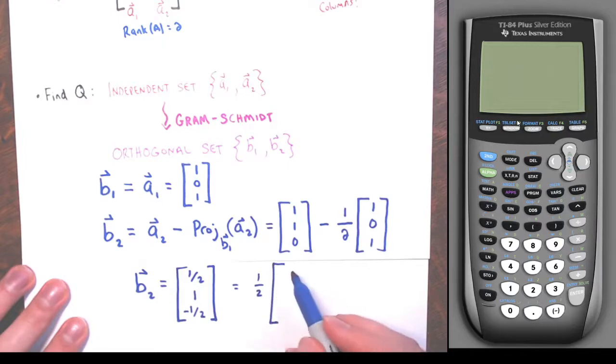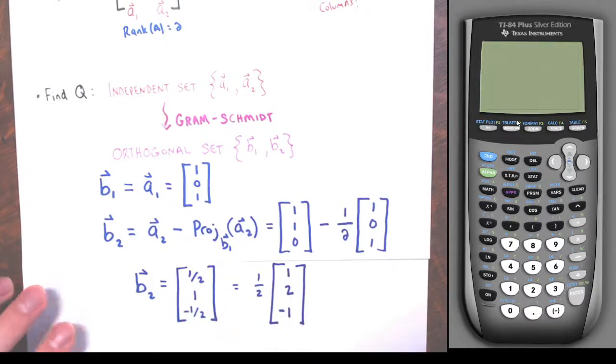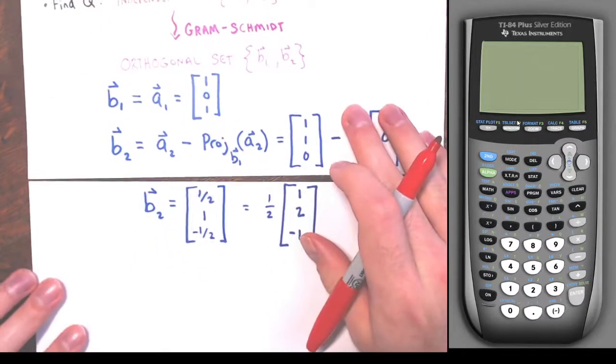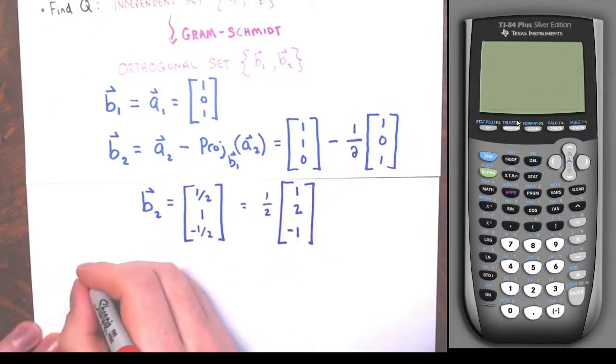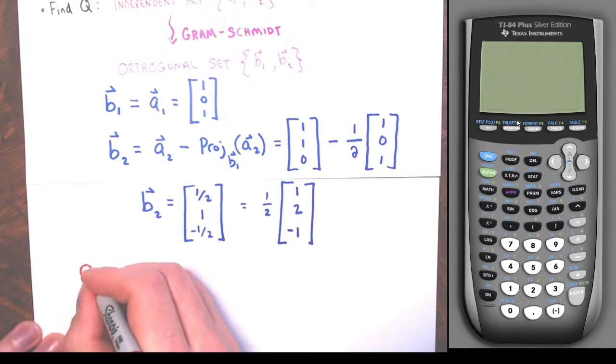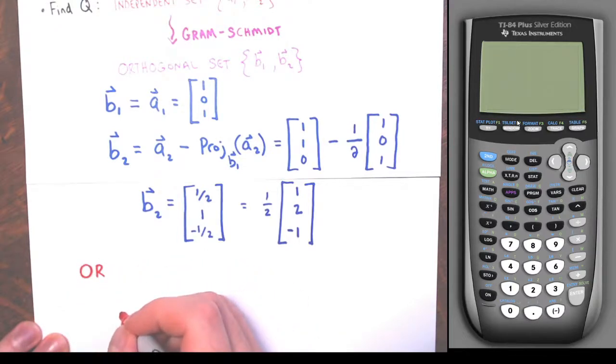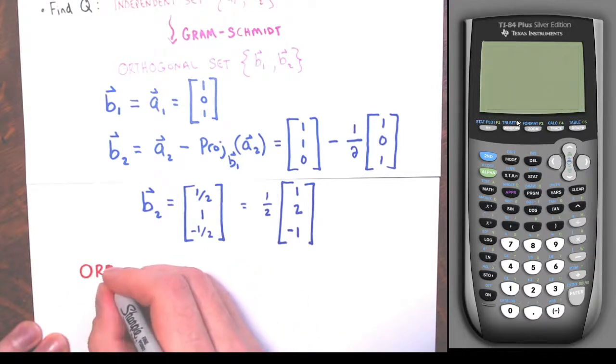This times the vector 1, 2, negative 1. There's the second vector in this orthogonal set. All right, and then all I have to do is normalize them, dividing by their norms to create an orthonormal set. And these orthonormal vectors will form the columns of that matrix Q that I'm looking to create.